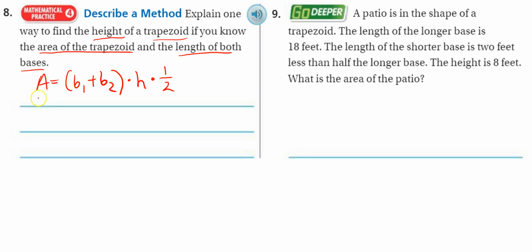So if I know the area, let's say, I'm just going to throw a number out here, is 50, and we know the length of both bases, let's say 2 and 4, so that's going to be 6, and then times h times 1/2.